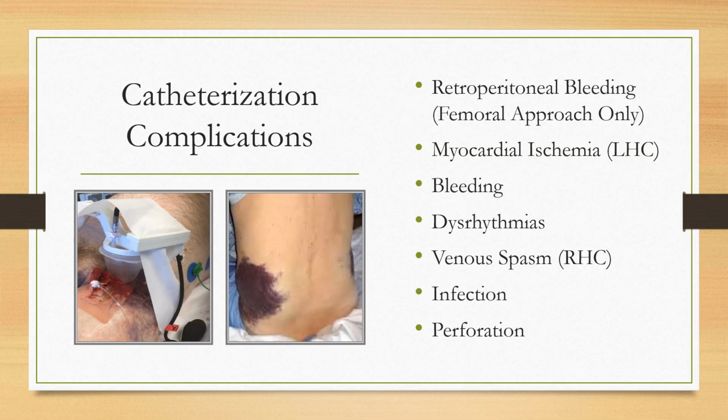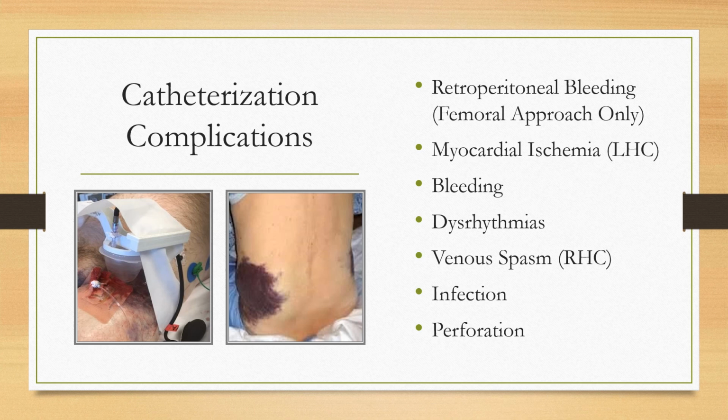Okay, so catheterization complications. Remember, to access the left side of the heart, you can use the femoral artery or the radial artery to get a catheterization up to the aorta, and then finally into the left side of the heart. So, what are some complications?